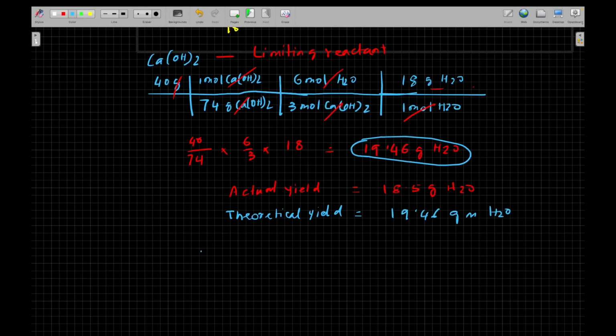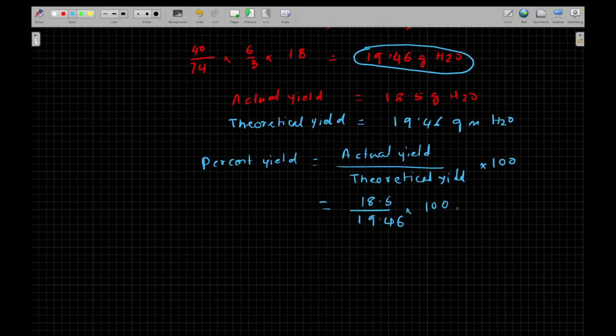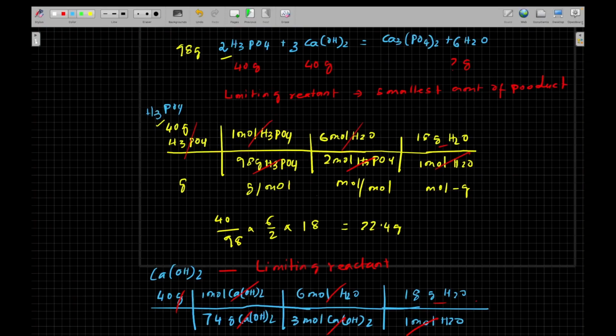To calculate the percent yield, we take the ratio of actual yield to theoretical yield. In the laboratory, we always find the actual yield is less than the theoretical yield. The calculated number is around 95.07%.